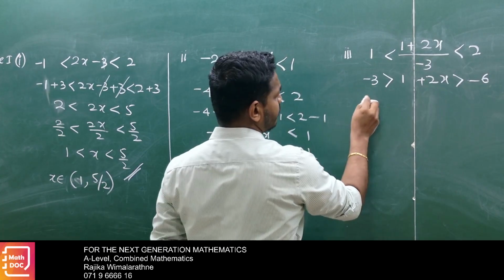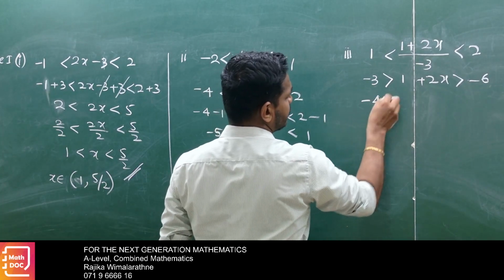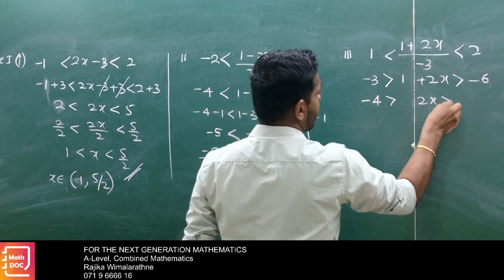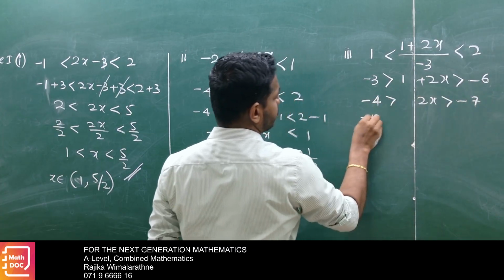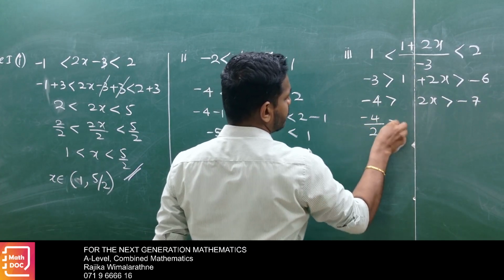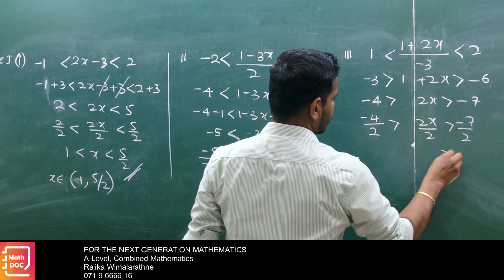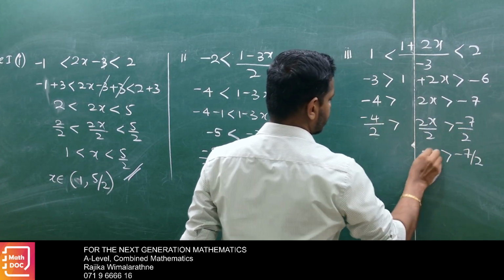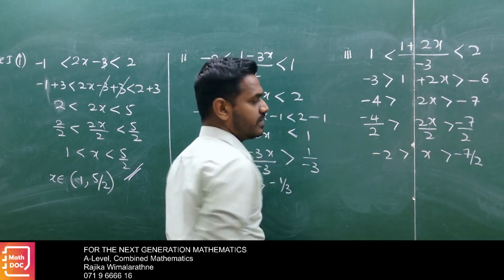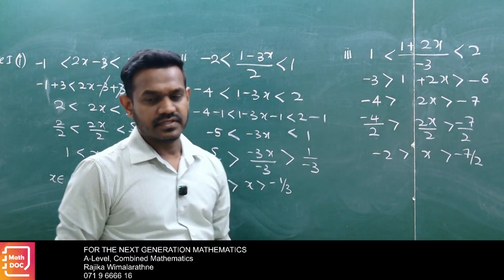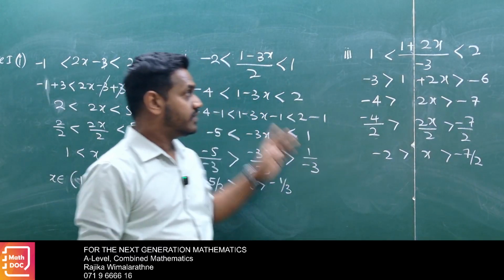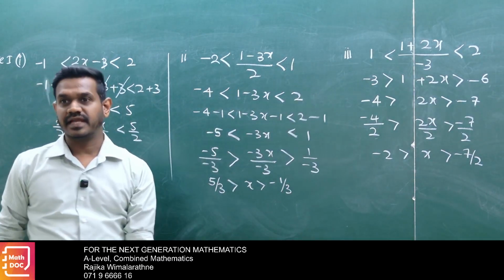Now subtract 1. Divide by 2. That's how we do it. So very simple thing. Okay, write those examples. That is case 1.